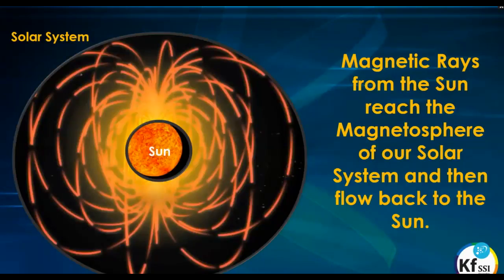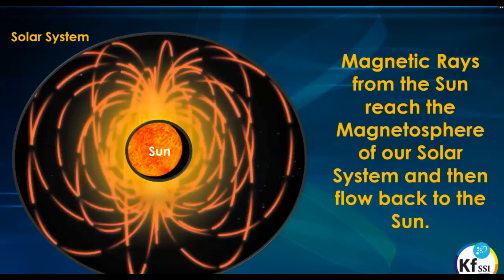So one has to take a view that our solar system operates just like a smaller plasma. When the magnetic rays from the sun reach the magnetosphere of our solar system, it then flows back into the sun. And we've obviously got the different planets in different positions within that solar system.